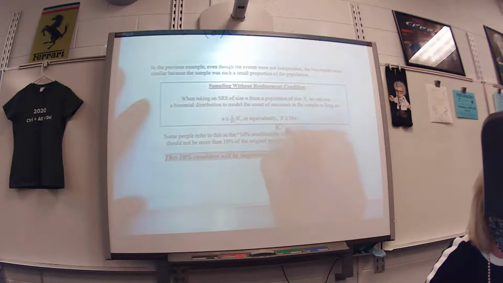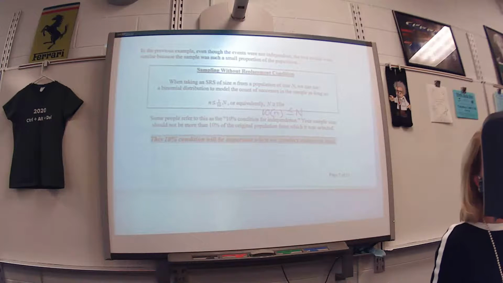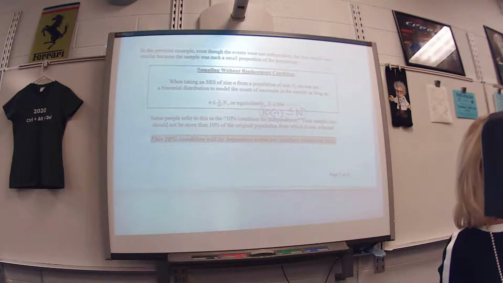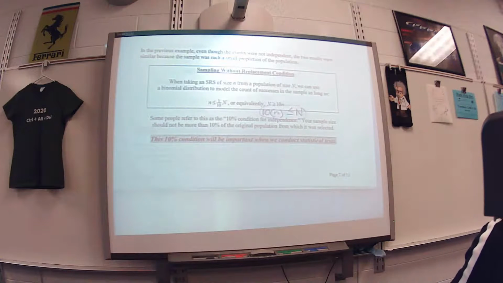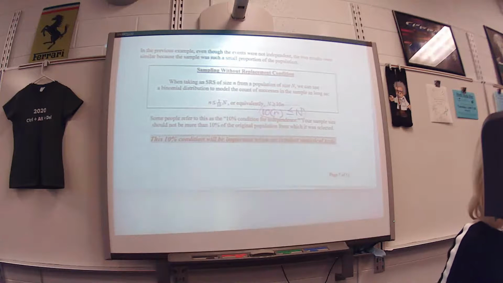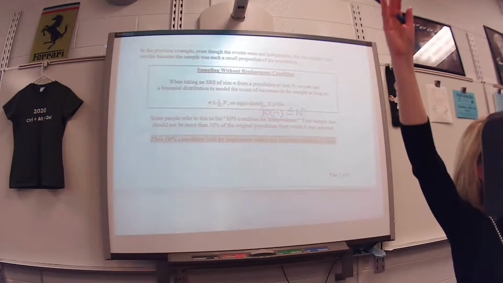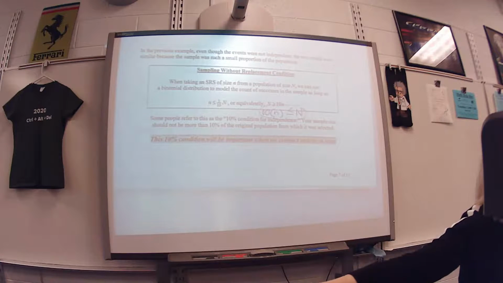Some people prefer to write it like this: 10 times my n has to be smaller than my population. That's actually the one that I use. So our n size in this problem was 6, because we were buying 6 boxes of cereal. 10 times 6 is 60. Is 60 smaller than the entire population of all my cereal boxes? Yeah, there were 100,000 of them.